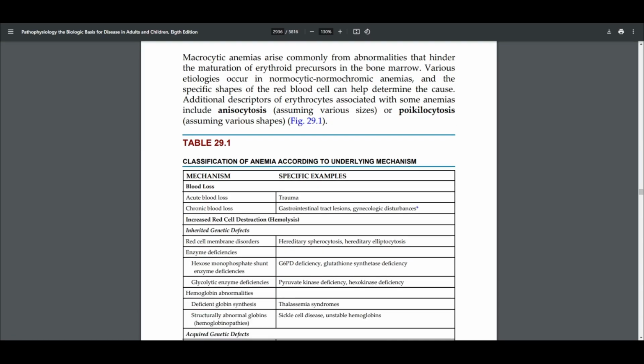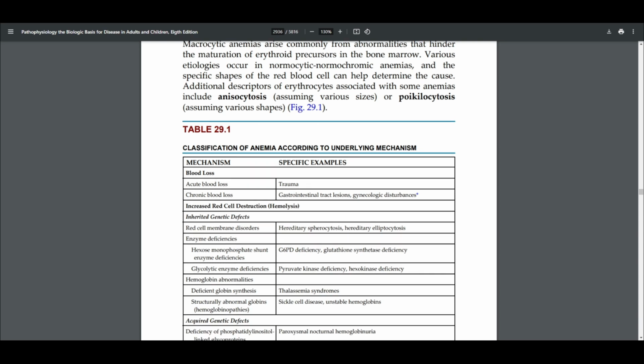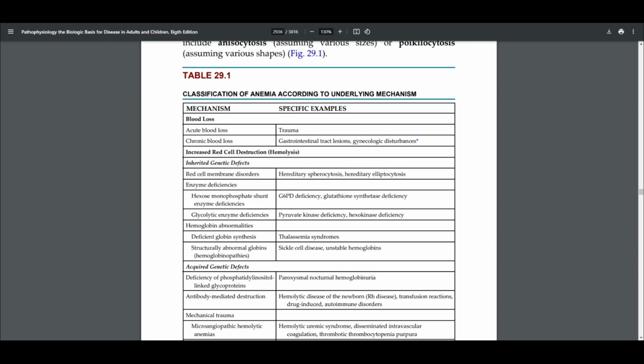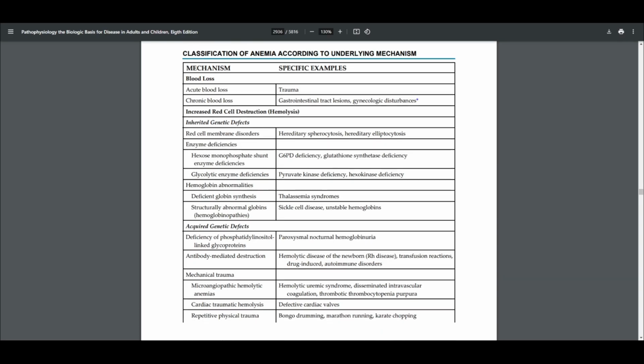Additional descriptors of erythrocytes associated with some anemias include anisocytosis, which just means assuming various sizes, or poikilocytosis, assuming various shapes. So this following table here is a good spot to hit pause, because you'll be able to read over all the classifications of anemia according to their underlying mechanism.